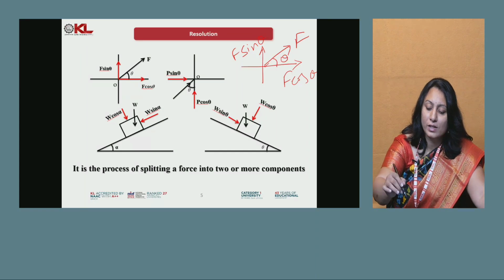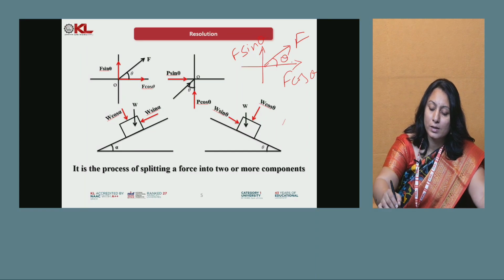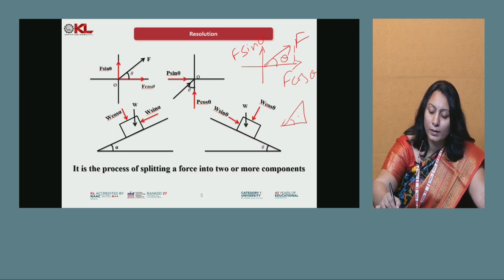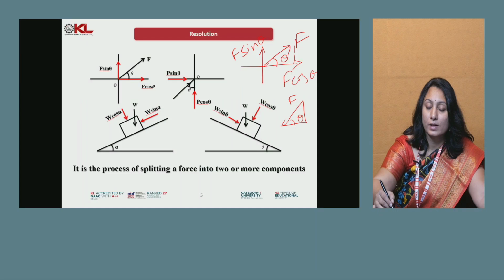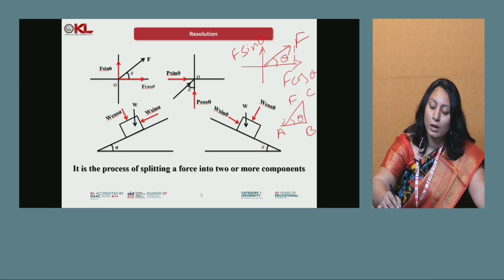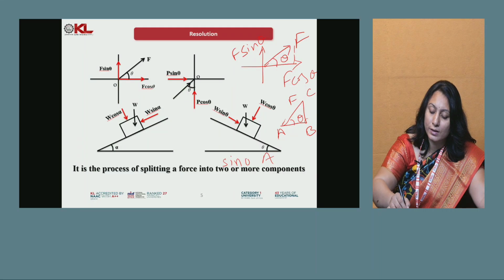So how do we get this F sin theta and F cos theta? Let us draw a line here. It will look like a triangle and this is force F. Let us name this ABC, and in this right angle triangle ABC, first of all, let us write sin theta.